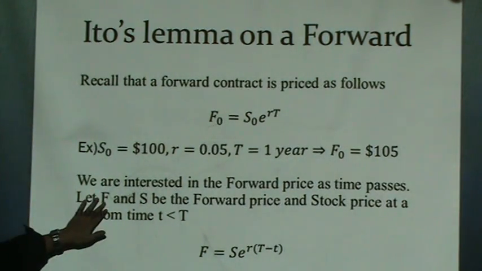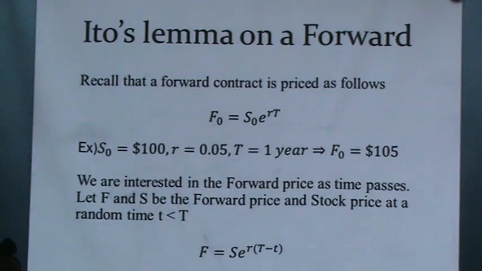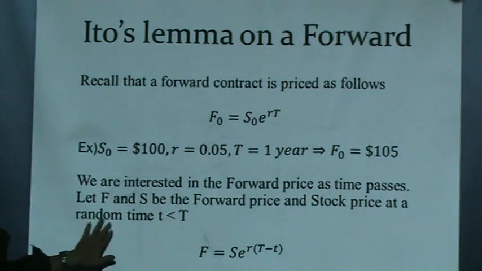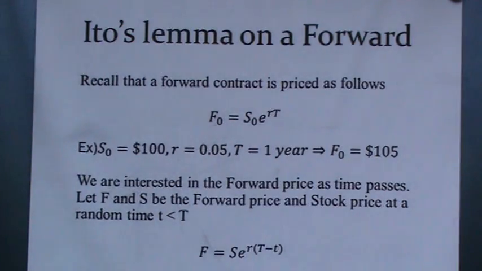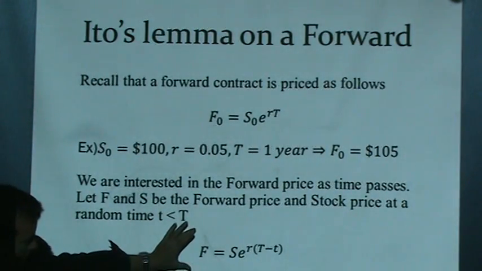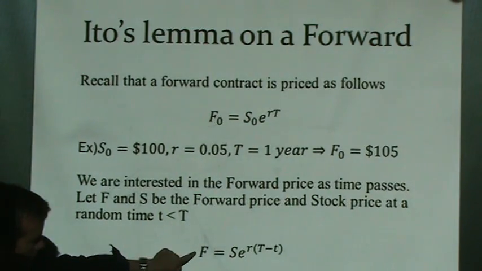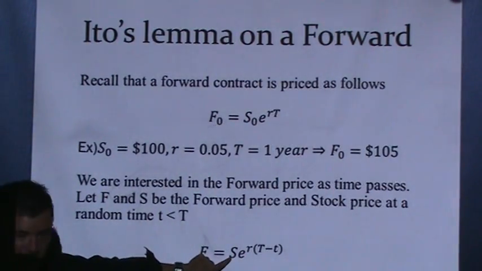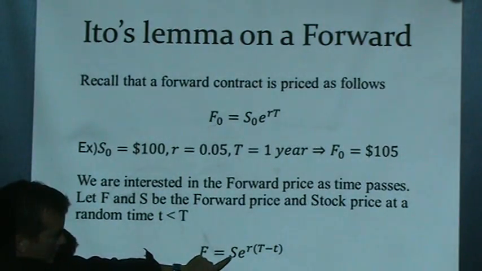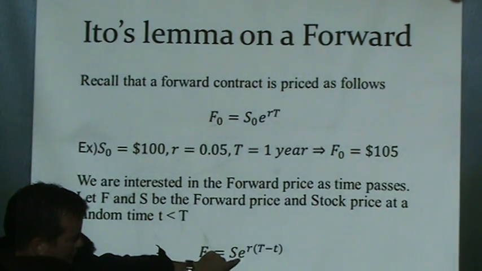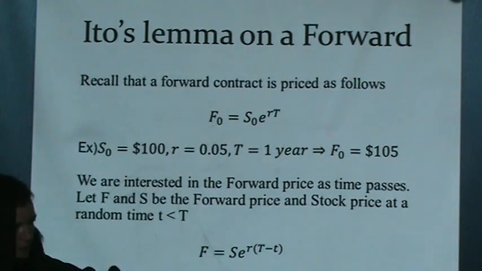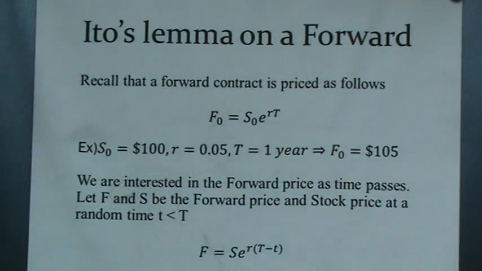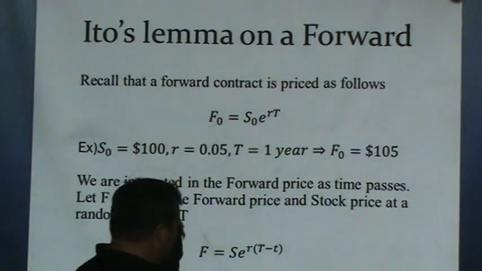Okay, so we'll let F be the forward price, S be the stock price. And at any point in time t, before the term ends, this formula would be true. The forward price should be whatever the current stock price is, and then we would also want to tack on interest from now, little t, until the end of the term of the contract.